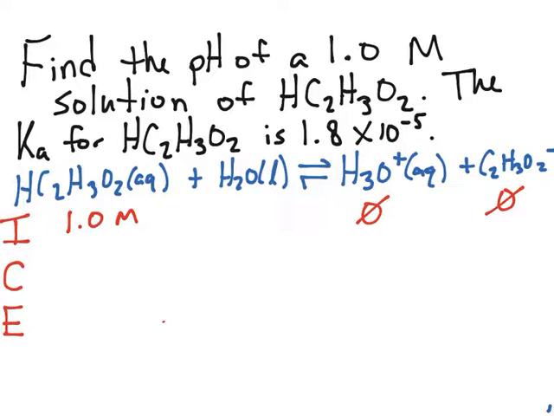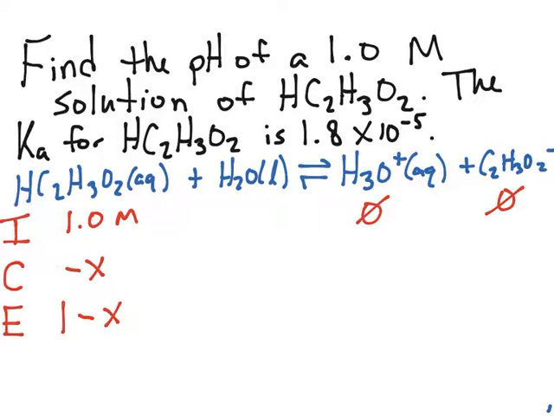You know some of this is going to leave because some of it is going to dissociate. So that's going to wind up giving us an equilibrium concentration of the HC2H3O2 of 1 minus X. Now, bear in mind, though, that this X, this amount that's dissociating, has to be a pretty tiny number because your Ka value is 1.8 times 10 to the negative fifth. That means hardly any of this reaction is going to progress to the right. Most of the reactants are going to stay unreacted. So this X here is going to be tiny.